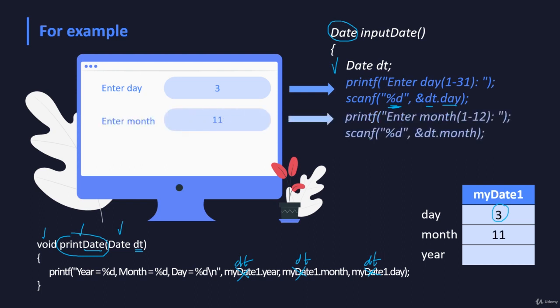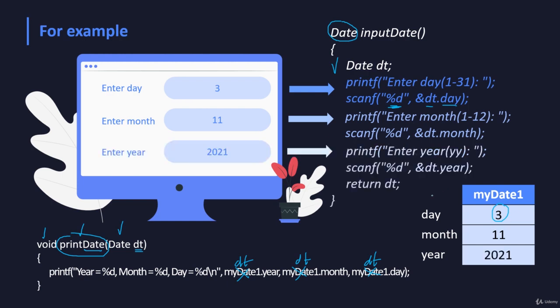Then we have another one, enter month, the same way, reading the value from the user and putting it inside of the month field. Finally, we have the year, so let's say 2021, reading the value with %d and ampersand dt.year. So dt is the variable, year is the field, storing it inside of this field.